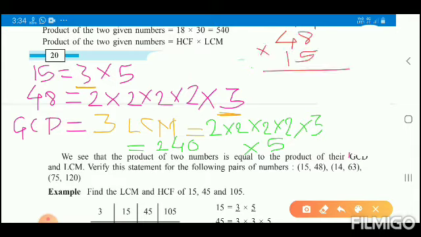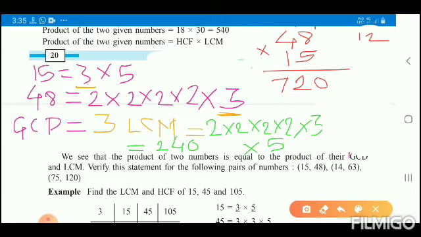Then which answer will you get? 15 8s are how much? 120. So 0 is here and 12 is carried. 15 4s are 60. 60 plus 12 will come 720.